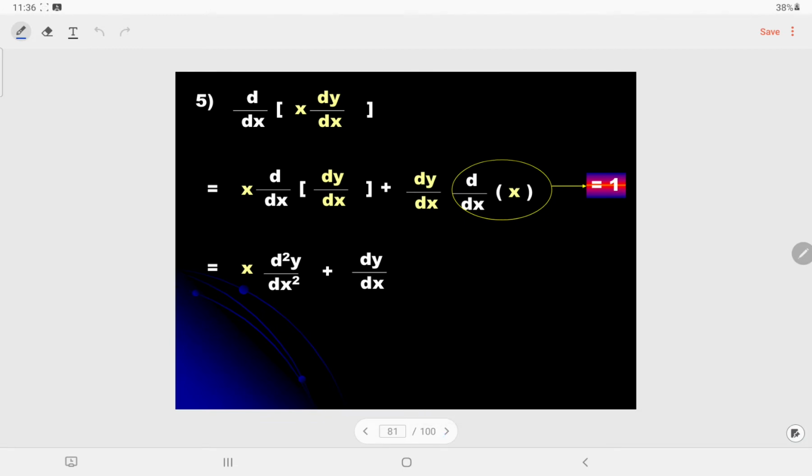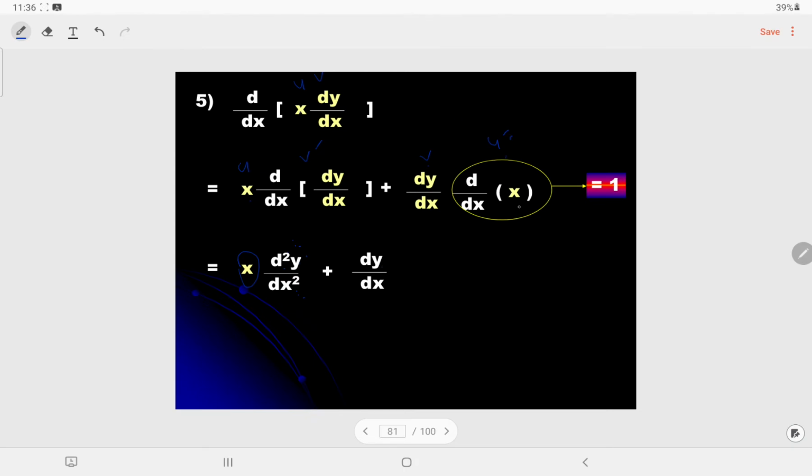Another example, find the derivative of x dy over dx with respect to x. Using u v prime plus v u prime, u is x, so we get x times the derivative of dy over dx, which is the second derivative, d squared y over dx squared, plus v u prime.